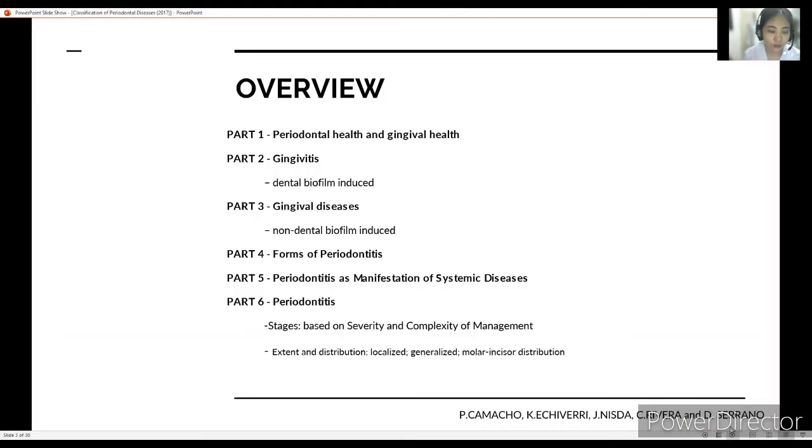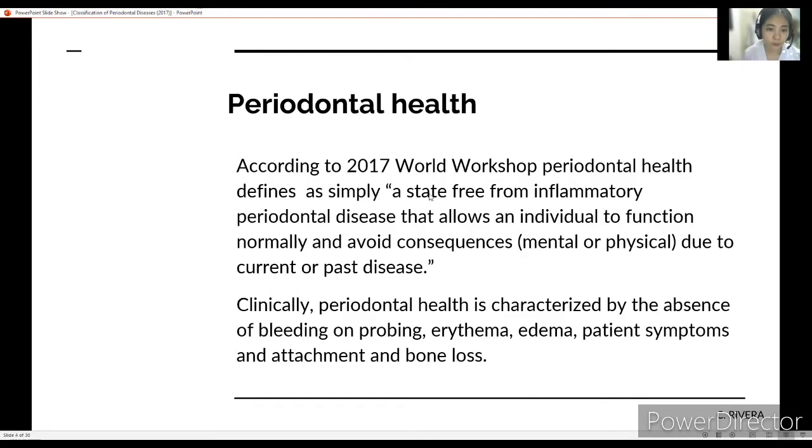So our overview. I will be discussing part 1, periodontal health and gingival health. According to the 2017 World Workshop, periodontal health is defined as simply a state free from inflammatory periodontal disease that allows an individual to function normally and avoid consequences, mental or physical, due to current or past disease.